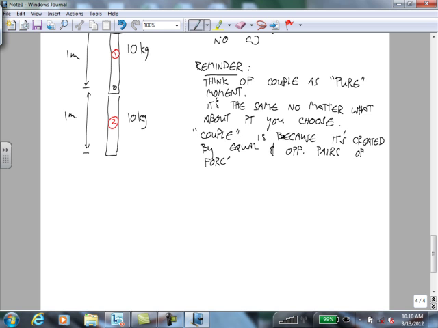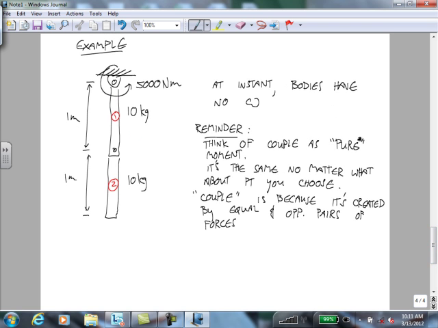Okay. But mathematically, we just treat it like it's a moment, and no matter what your about point is, when we deal with this body, we're just going to add this 5,000 Newton meter moment on there. So it goes alone in that moment column of the table. Okay.